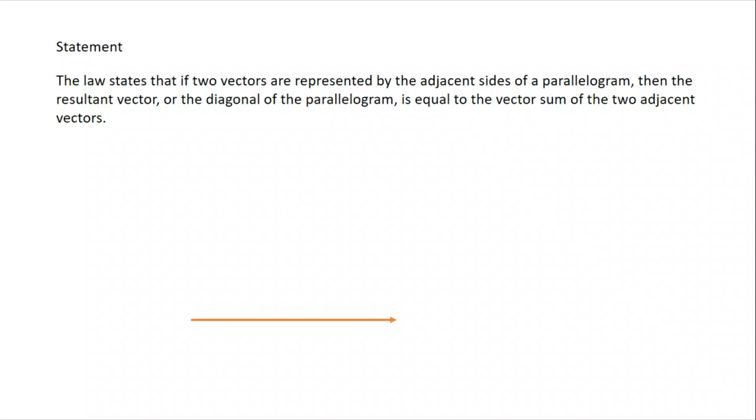The first vector is drawn here horizontally, having P, then its adjacent vector is Q, and the angle included between the two vectors, P and Q, is theta. If we draw the parallelogram through the Q vector and P vector, draw two lines which meet at one point.